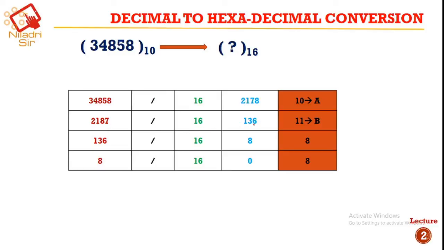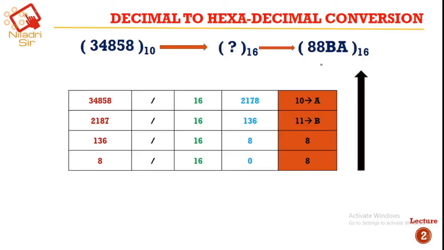It will be 136, and the remainder will be 11, and 11 is B here. 136 comes here. If we divide 136 by 16, it will be 8, and the remainder will be 8. So 8 comes again here. 8 divided by 16 will be 0, and the remainder is 8. So the answer will be 88BA. This is the answer.